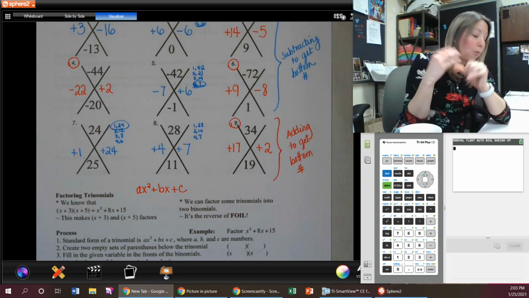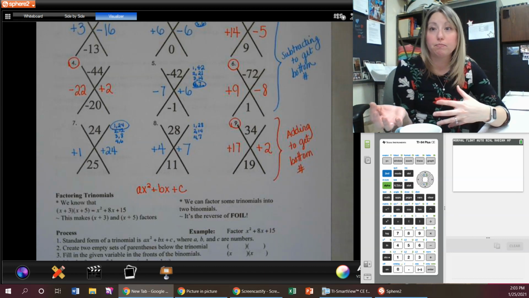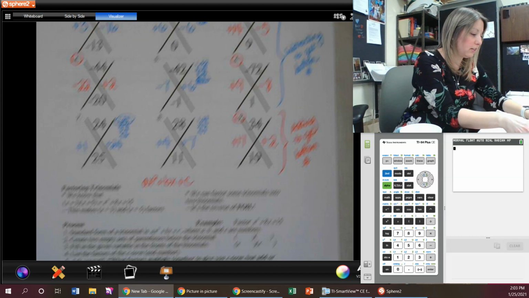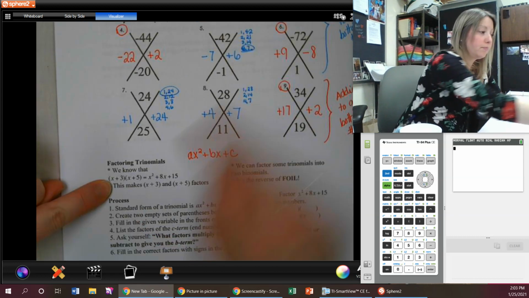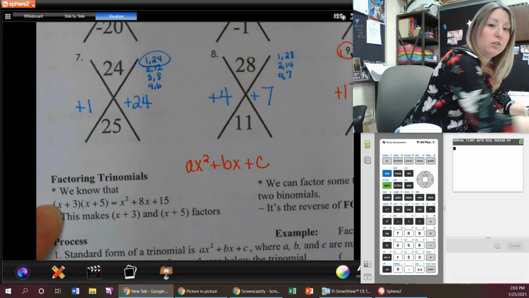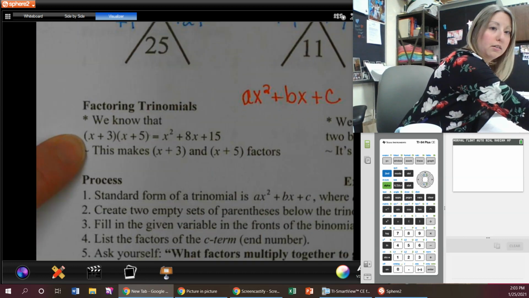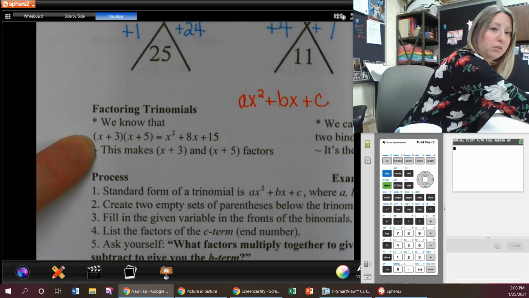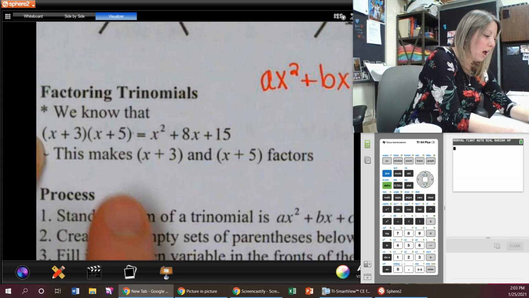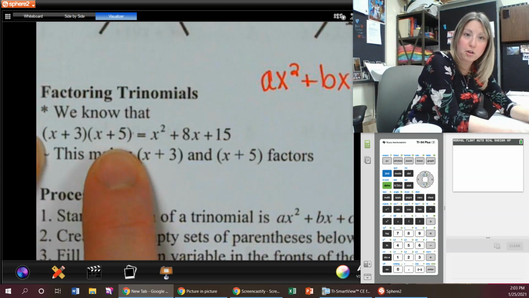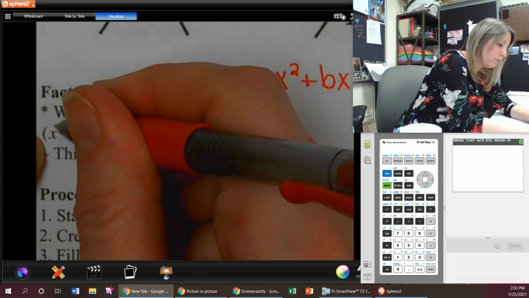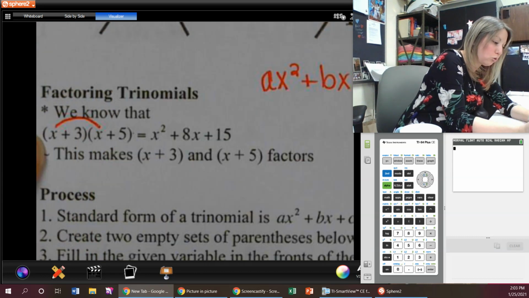Now, in chapter 6 we took things like this. I'm going to zoom into that because this is really important. We took binomials like x plus 3 times x plus 5, and we did something called FOIL, where x times x was x squared.